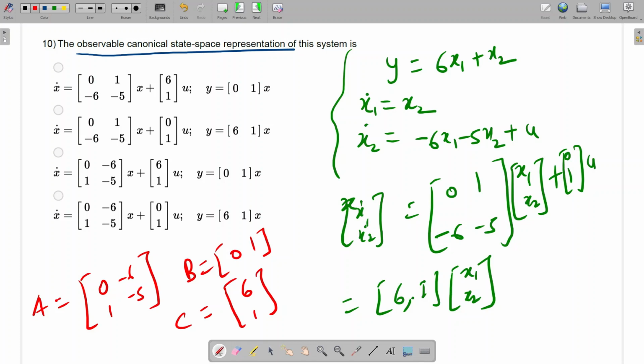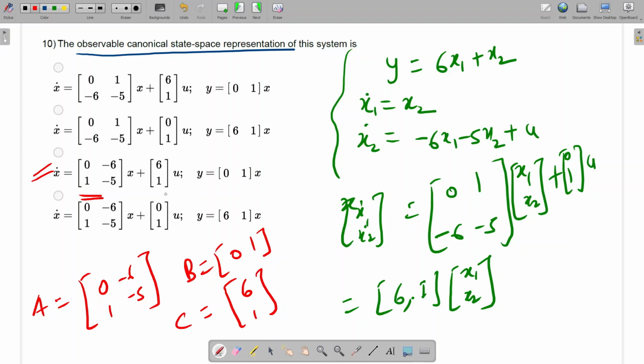But here, what it is showing is 0 1, minus 6 minus 5. I think option C is looking correct. 0 minus 6, 1 minus 5.